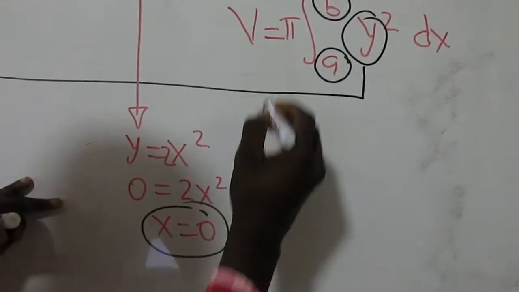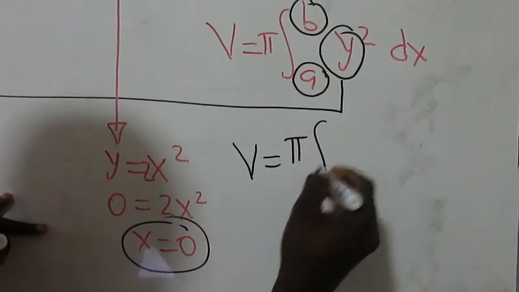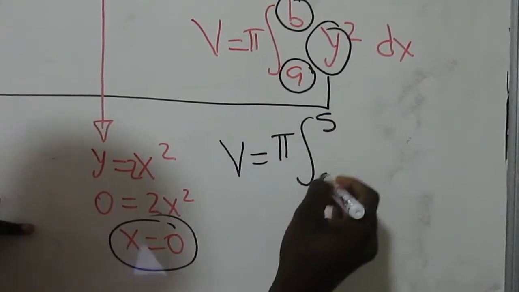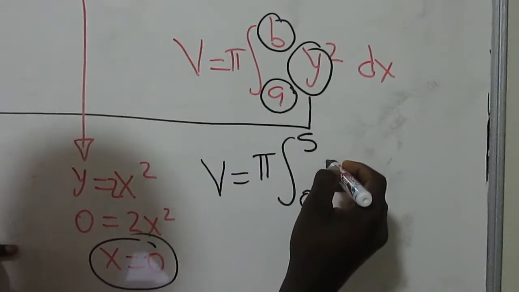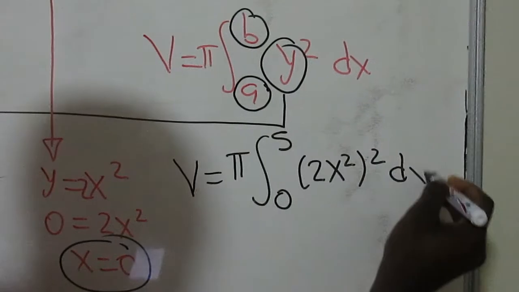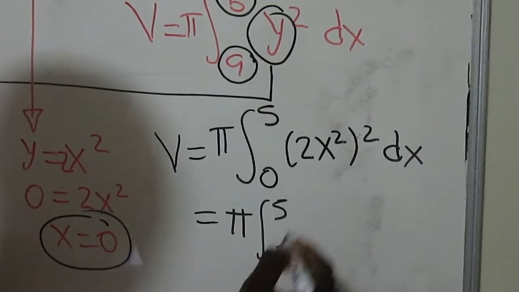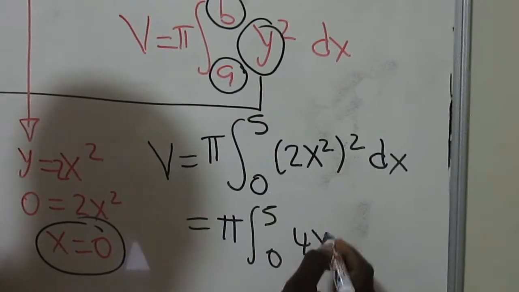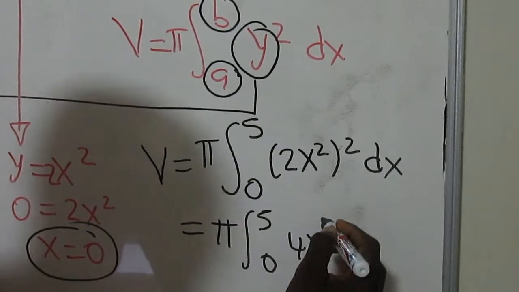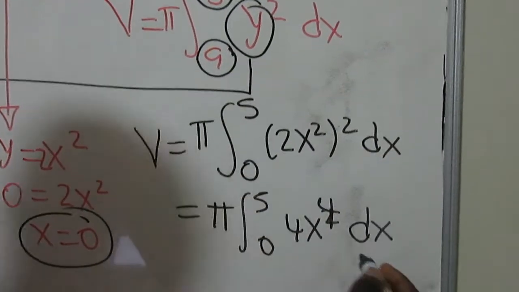So when you come here, you apply your formula. You have pi under the limits of what? 5, which is the bigger one, and 0. And then the function y is 2x squared, dx. So this will give us pi, 5 and 0, 4x to the power of 4, 2 times 2, then dx.